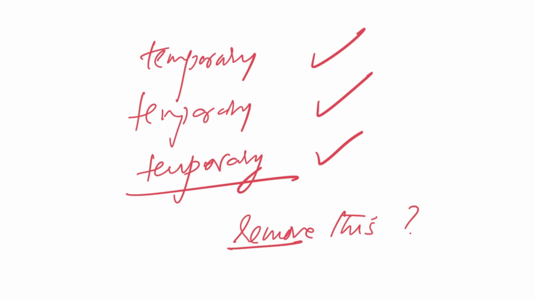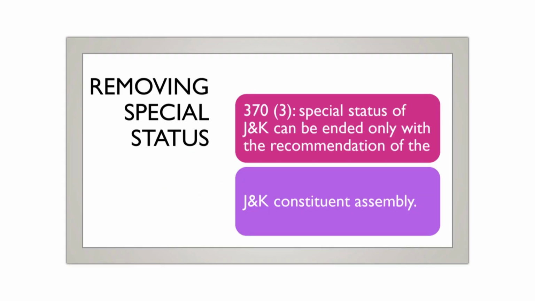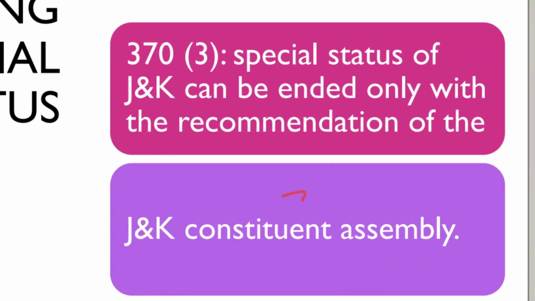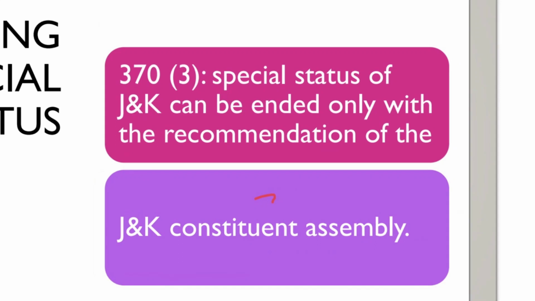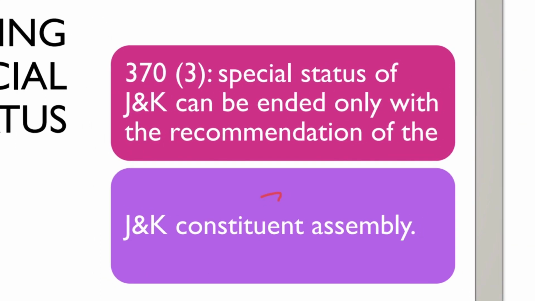We are examining the basics. It says, removing special status, 370. Special status can be ended only with the recommendation of the Jammu and Kashmir Constituent Assembly. Only Jammu and Kashmir Constituent Assembly. That's clear.